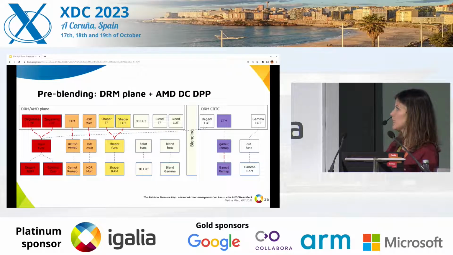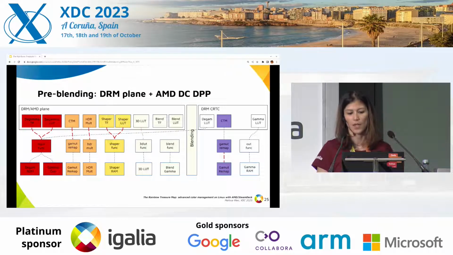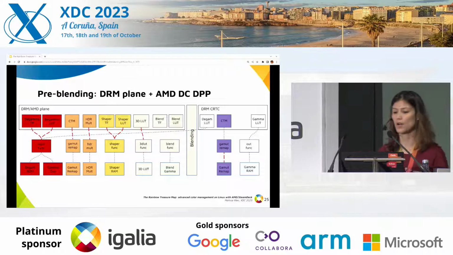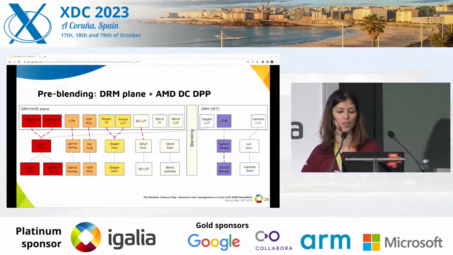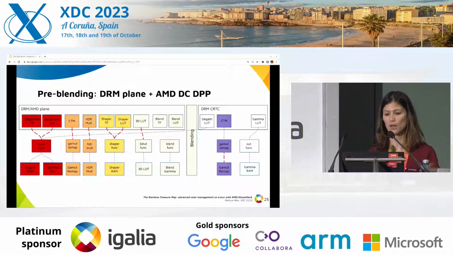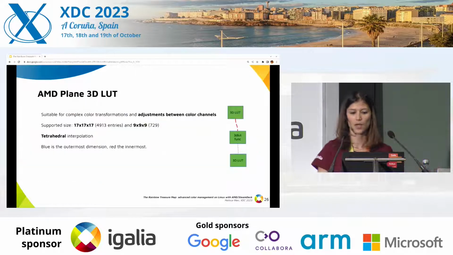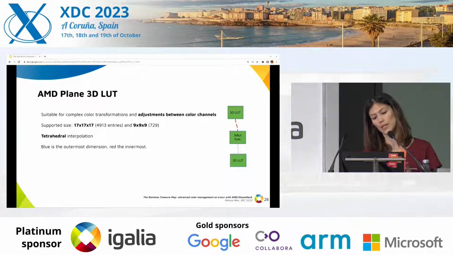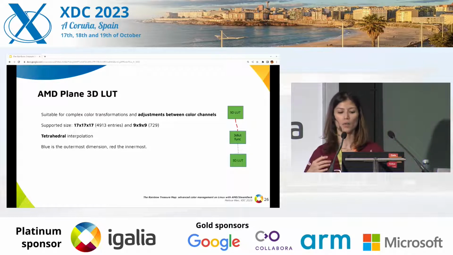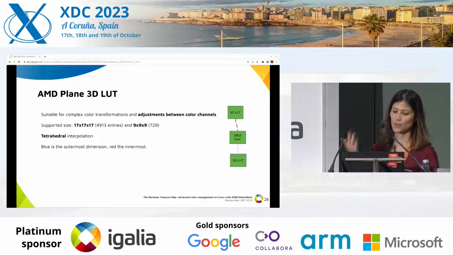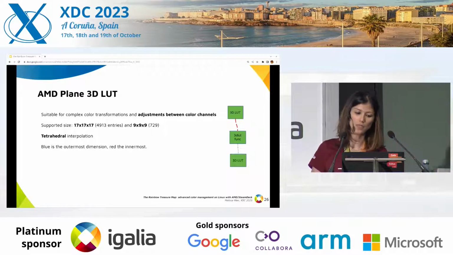And the 3D LUT is our rockstar. A 3D LUT is perfect for complex color transformations and adjustments between color channels. It's also more complex to manage and requires more computational resources, so that's why the number of entries is limited.